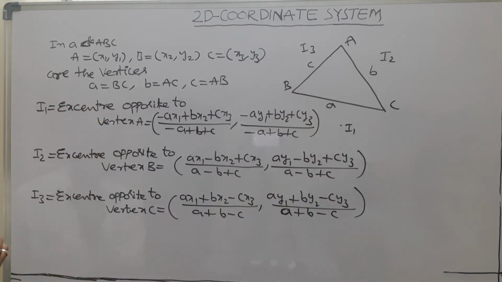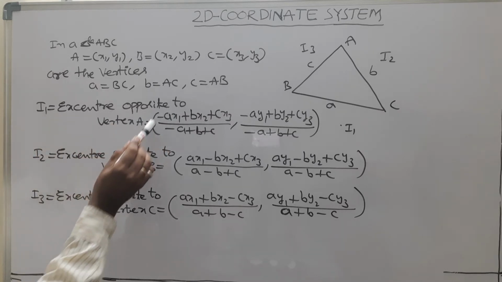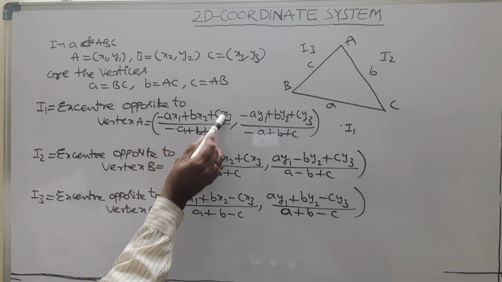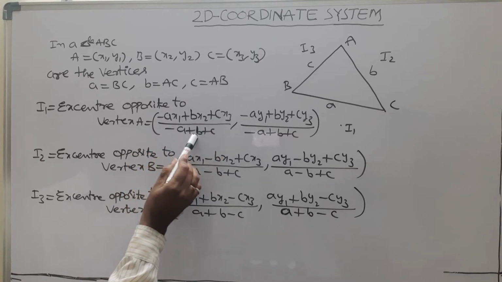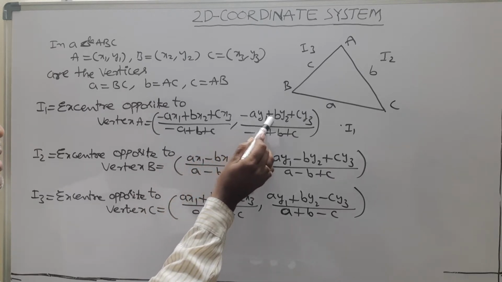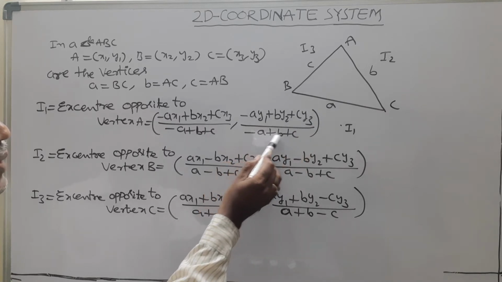Then the formula for the excenter I1, the excenter opposite to vertex A. The formula is minus a x1 plus b x2 plus c x3 by minus a plus b plus c, comma, minus a y1 plus b y2 plus c y3 by minus a plus b plus c.